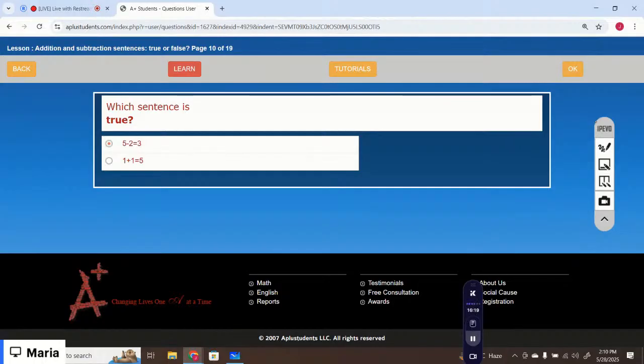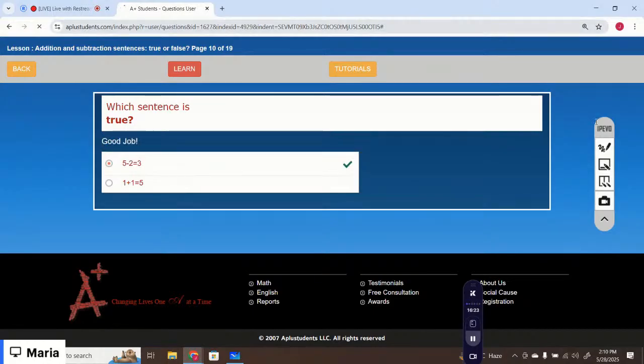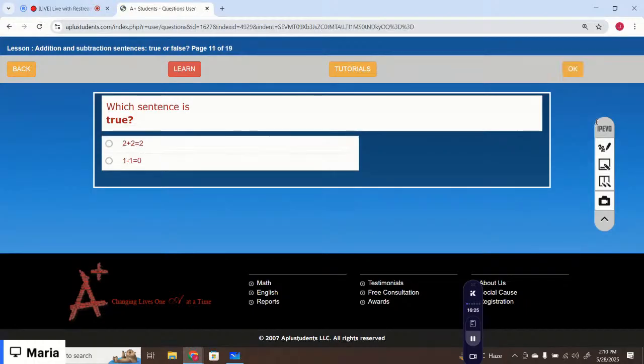That is 5 minus 2 equals 3. Option number one is the correct option. Okay, you can complete the lesson by yourself every day. Let me just move like this.